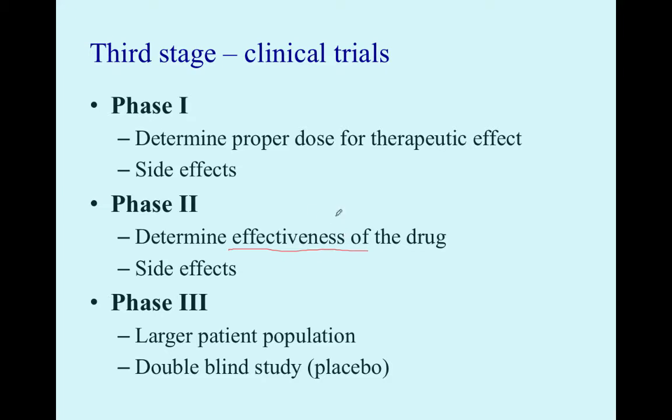Phase 1 is on a small number of healthy people. Phase 2, we're looking at a small number of people who have the disease.